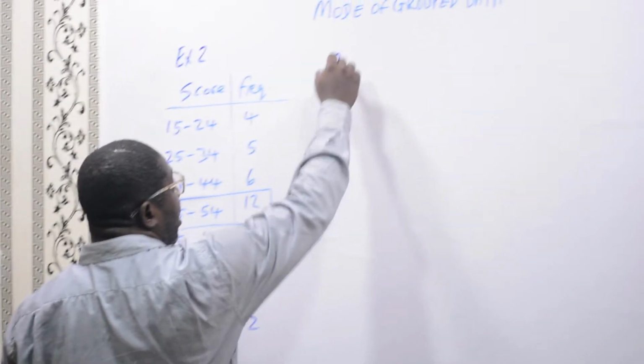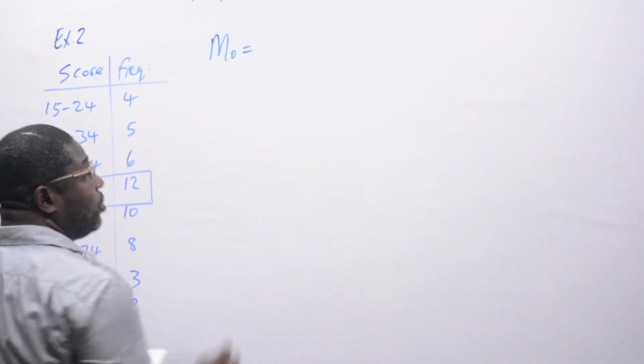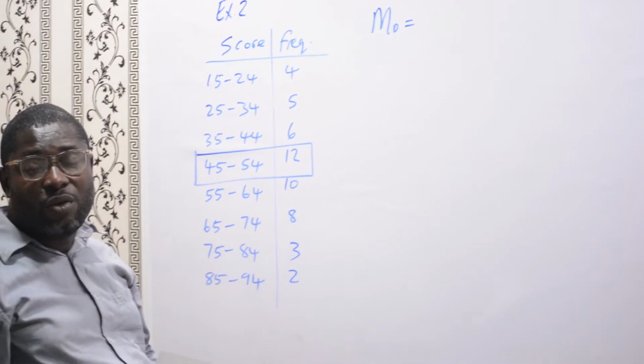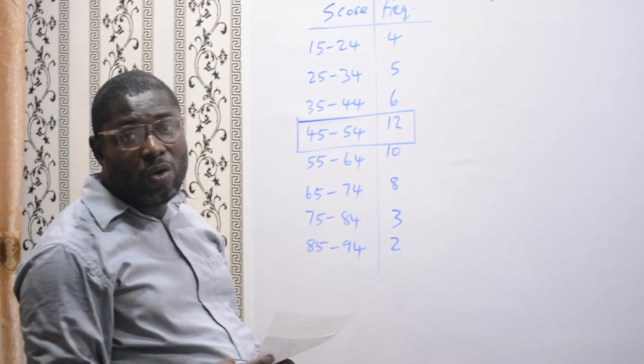So let's write a formula here. In this example today, we're going to look at the alternative formula for determining mode for group data.